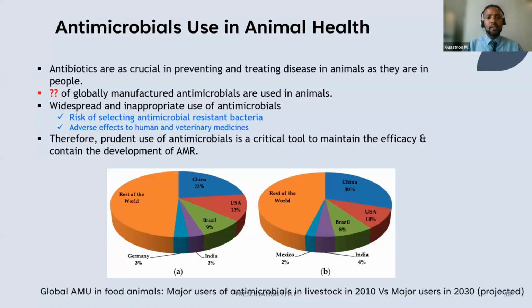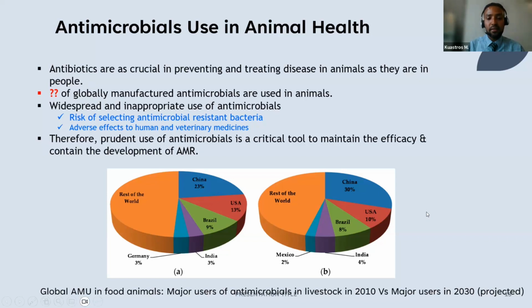And again, antimicrobial use in animal health is crucial for treating or preventing diseases. But as you can see from the picture, particularly in Western countries, the picture on the left side is 2010, and the one on the right side is 2030, which is a projection.